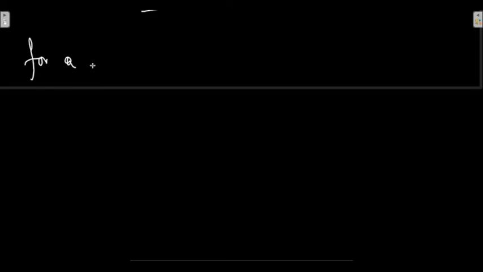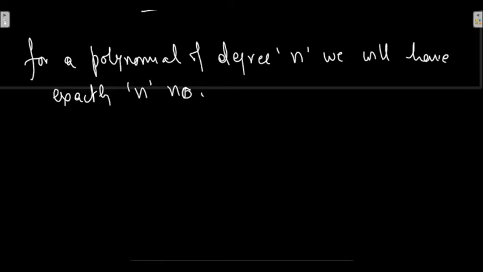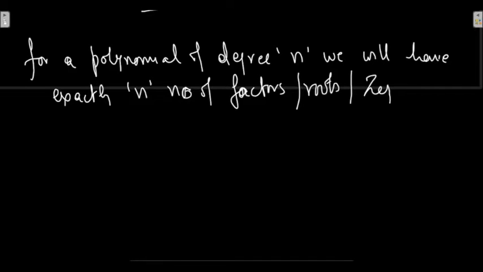For a polynomial of degree n, we will have exactly n number of, you can say, factors, you can say roots, you can say zeros.